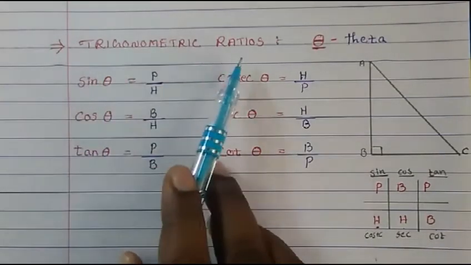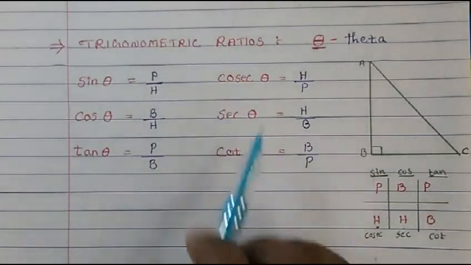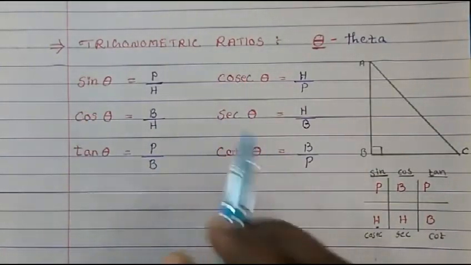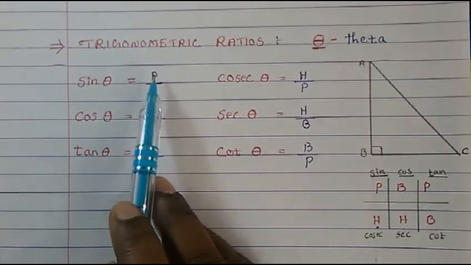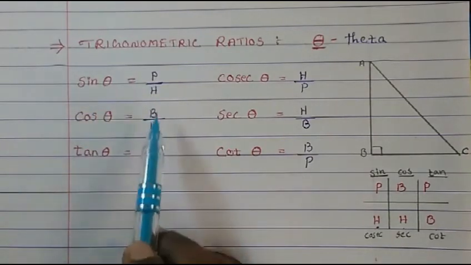This is called trigonometric ratios, how to write the sides. Sine, cos, tan, cosec, sec, cot. You have to learn this by heart because these are Greek words. Perpendicular upon hypotenuse is sine theta. Cos theta means base upon hypotenuse.